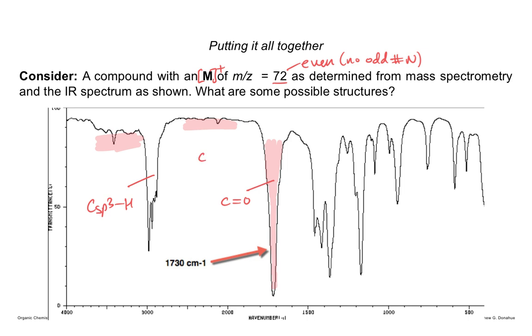So C, H, O, and then we'll use, again, this 72 to figure out what X, Y, and Z are for that molecular formula. The other thing to pull out of this information is that the carbonyl is 1 degree of unsaturation.